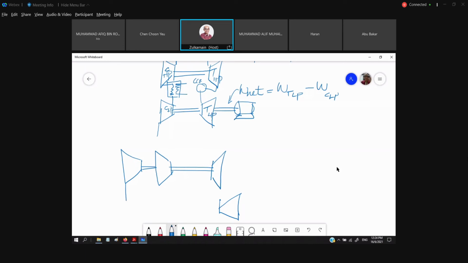Input, intercooler, combustion chamber, W net. Compressor low pressure, compressor high pressure, CC1, turbine high pressure, turbine low pressure, CC2, intercooler.